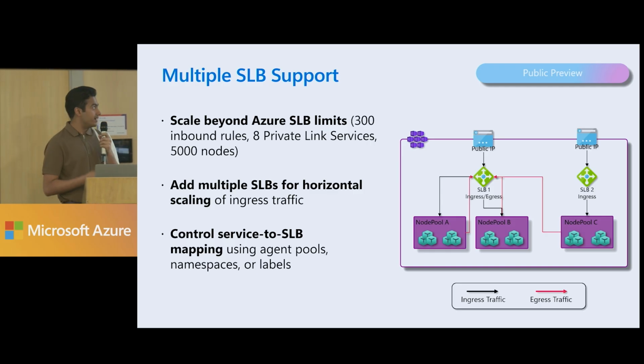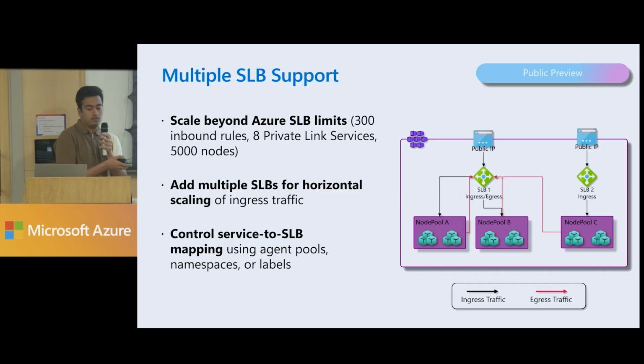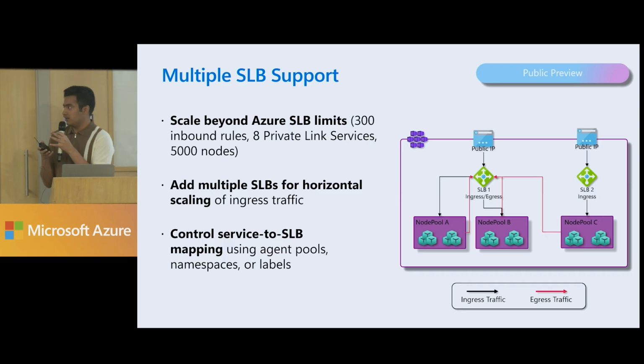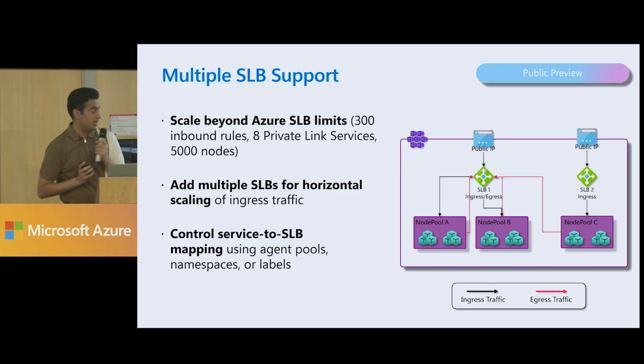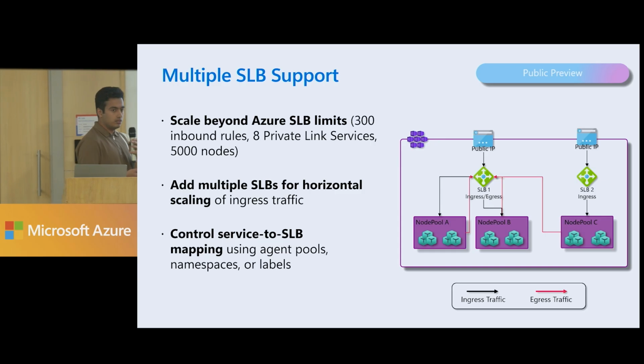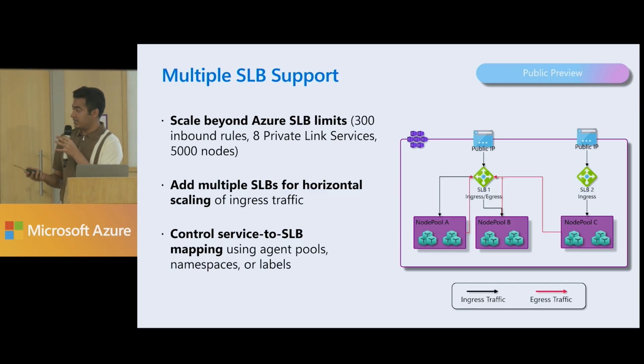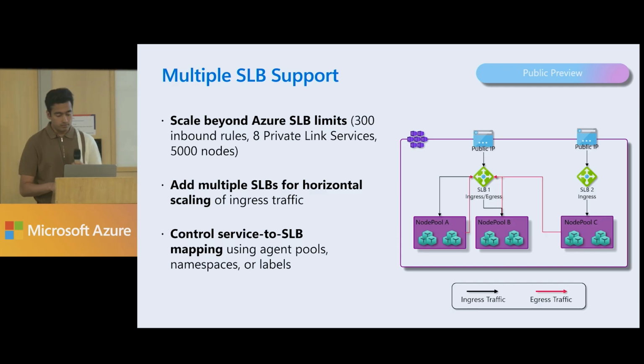Along with that, by increasing the number of replicas, you can also map each load balancer to specific areas of your cluster, like specific nodes or specific namespaces. So in a way, you can also use this to isolate certain nodes for your traffic. So it serves as both a resiliency as well as a security improvement.